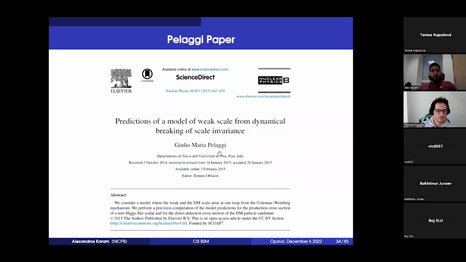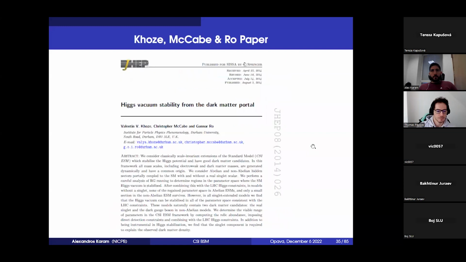Then a student of Strumia's again considered this model, and he actually did things properly and rigorously. And about the same year, Valiakos, Christopher McCabe, and Gunnar, along with some other models, focused on the vacuum stability of the model.